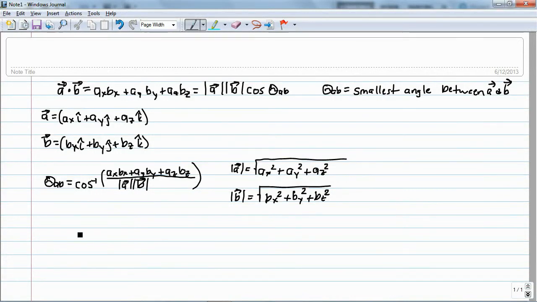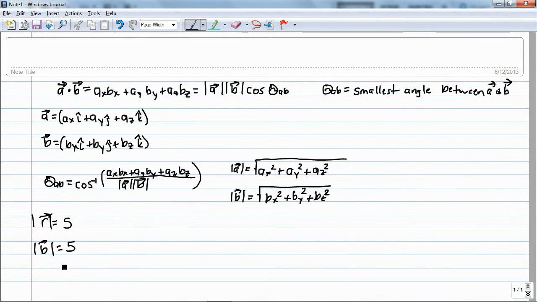So the length in that case, we'll call it R for red vector, and the length of that we know very simply is 5. And the length of our B vector, we'll call it blue vector, is also 5.